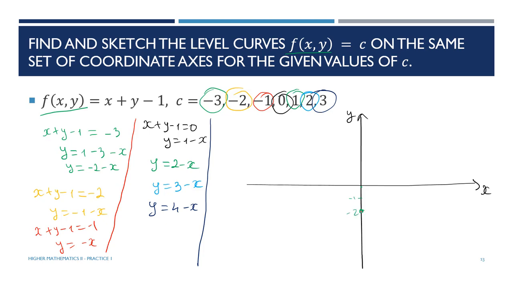This point, and when y equals 0, x equals -2. -1 for x, -2 for x. This point. Okay, we have 2 points now. Try to connect them. Sorry.